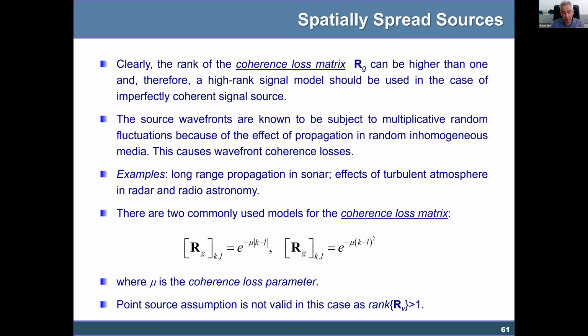In any case, I repeat, in the presence of multiplicative noise, so if the point source assumption is not valid and you have to introduce multiplicative noise in the model, what happens is that the rank of the signal matrix is no more equal to the number of targets.